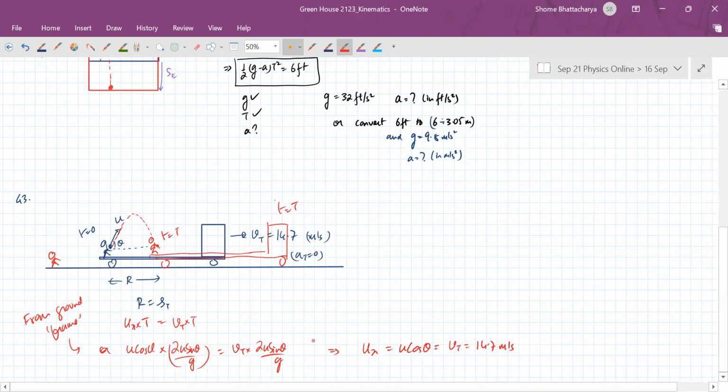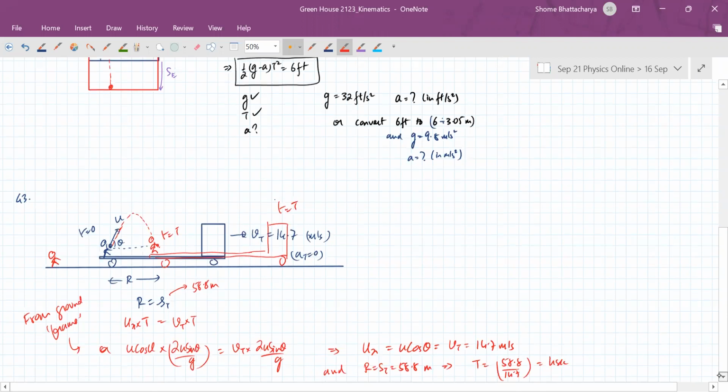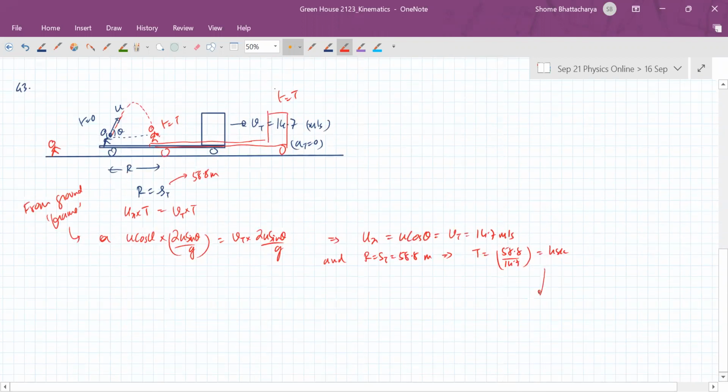And given so 4 seconds. So if time is 4 seconds, now you can also see that so uy will become 9.8 into 4 divided by 2.